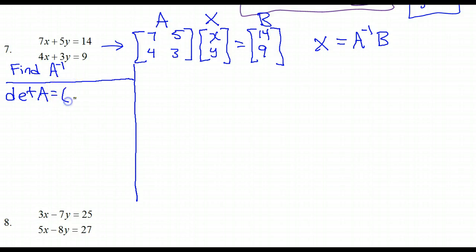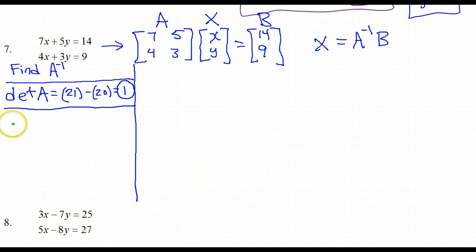Determinant of A is going to be the down diagonal minus the up diagonal. So that's going to be 21 minus 20. Alright, which equals 1. So that is my determinant. That's the number I'm going to wind up dividing everything by later. That's going to make this relatively easy.